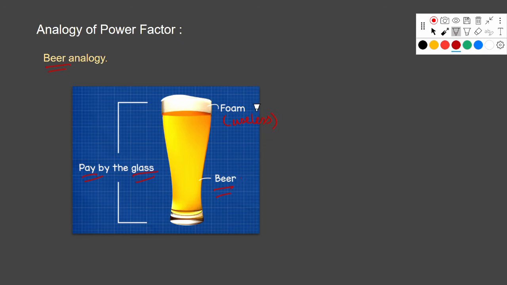Okay, so we can relate like this, that foam is the reactive power and beer, which actually matters to us, which actually does the work in electrical system, should be the real power. And we are paying by the glass, so the sum of reactive power and real power is the apparent power.